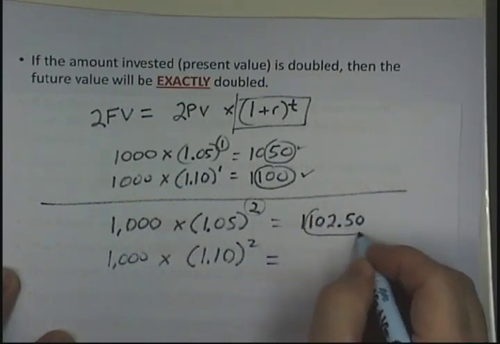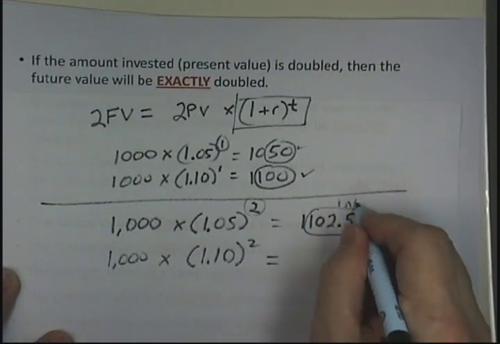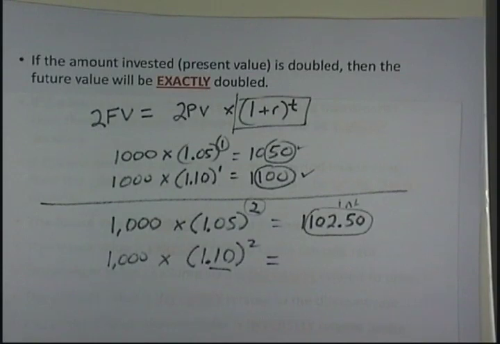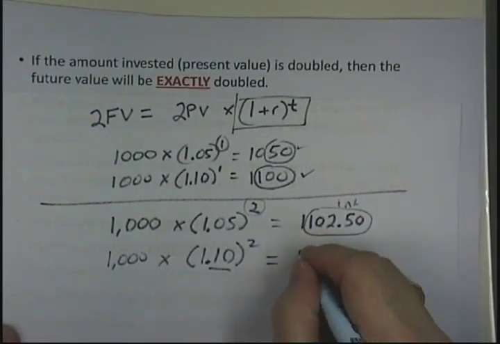So the $102.50 is our interest. And at 10% for 2 periods, our $1,000 would grow into $1,210.